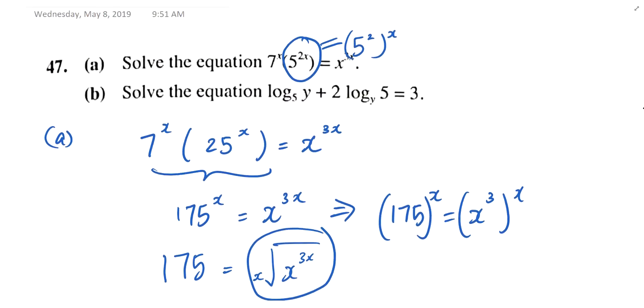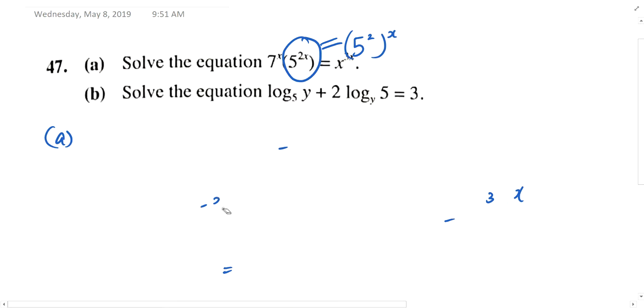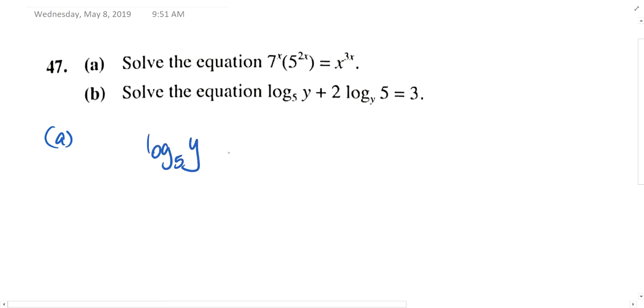Next, part B. Who would like to try? Okay, who first? Decide quickly. It's Sean and Ernest, right? Come on. Okay, how do we start? Log 5 y.